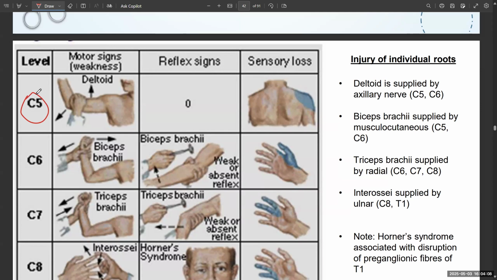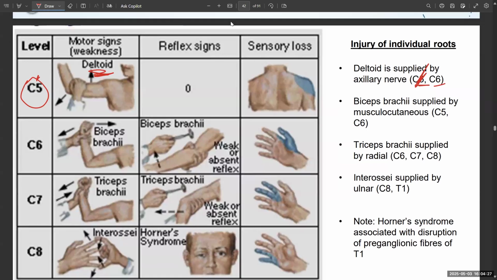So if you damage C5, you're going to have a weakness when you test for deltoid. Deltoid is supplied by C5 and C6, so if you cut out one of these, you won't have full paralysis because it's still supplied by C6, but you will have weakness. So motor signs, weakness, and sensory loss is above the area of the deltoid.